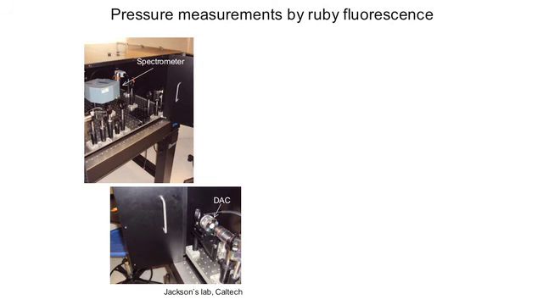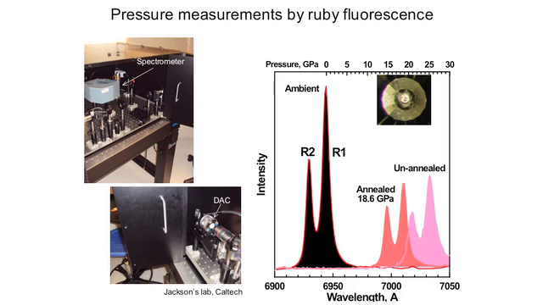The volume around that ruby decreases, and the resulting signal from the ruby as it's fluorescing increases in wavelength in response to that volume change.